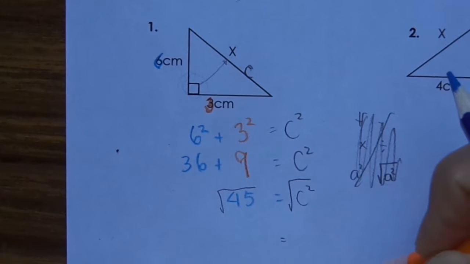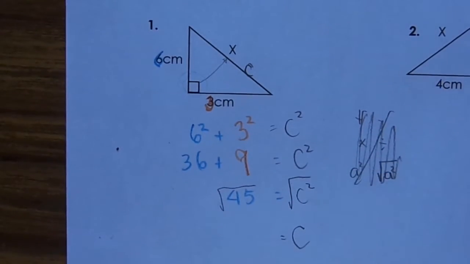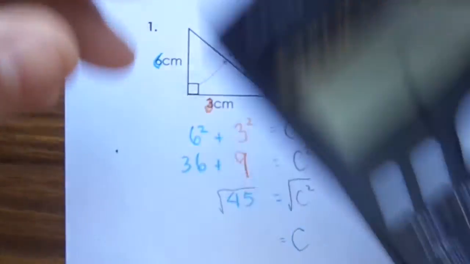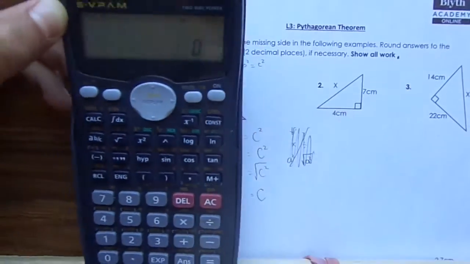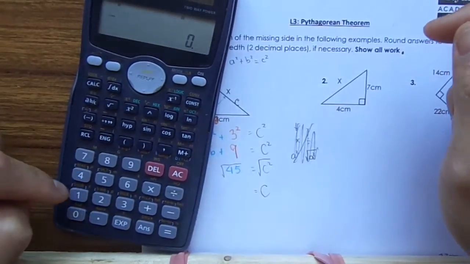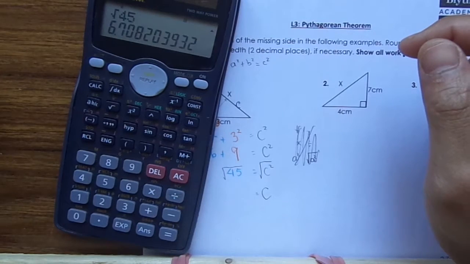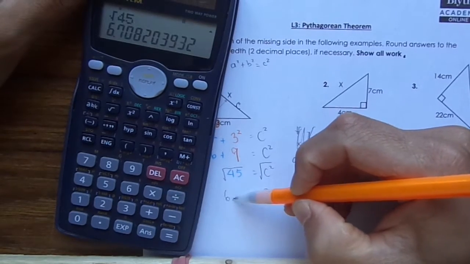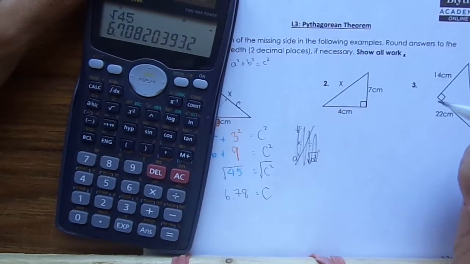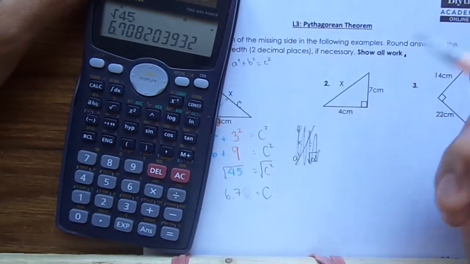So what that allows us to do is, this essentially cancels out the square, so we end up with just c, and if you type in your calculator square root 45 equals 6.7. c equals 6.7, or 6.71, sorry, rounding to 2 decimal places.